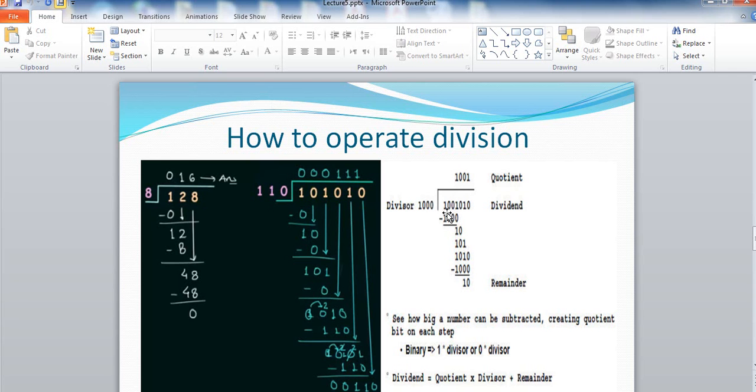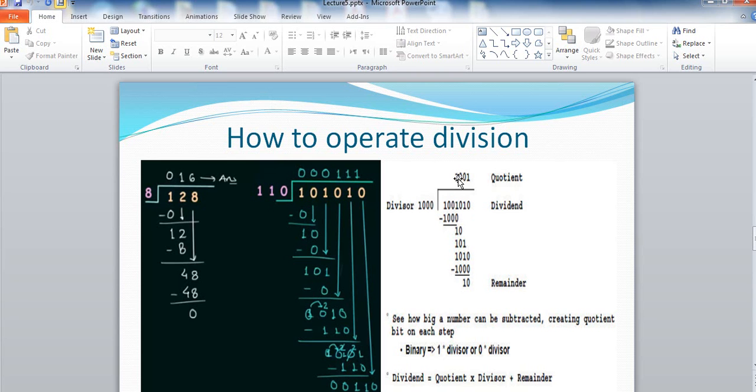First, 1 divided by this cannot be, so this should be 0, and we take the second one. 10 divided by this one cannot be either. We put another 0 in the quotient and take the third number, and so on, until we reach 1001. Is 1001 equal to or bigger than the divisor? Yes, it should be equal or bigger than the divisor, and here it is bigger.